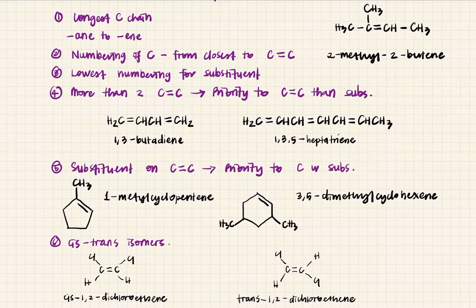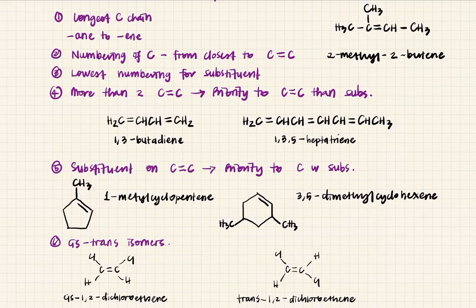Okay, let's say your substituent is on your carbon-carbon double bond, then the priority will go to the carbon with the substituents. Okay, so let's say right here, if you don't have this, then you can start numbering from here 1, 2, and so on, or you can also, no problem, number 1 from here and 2 here, because they are the same, since this is cyclic.